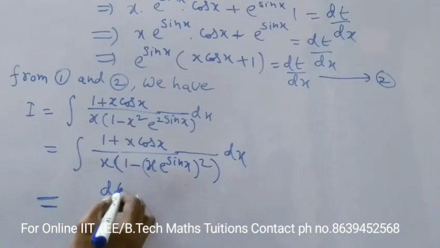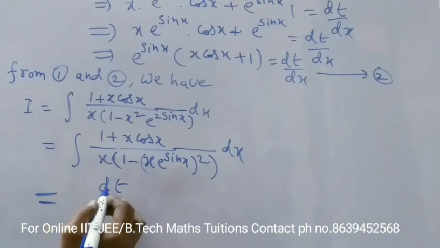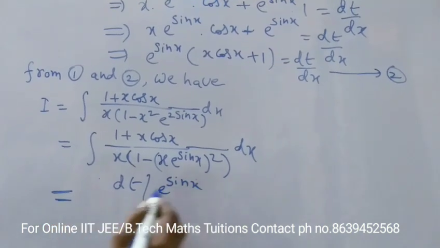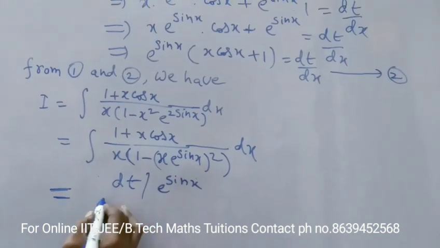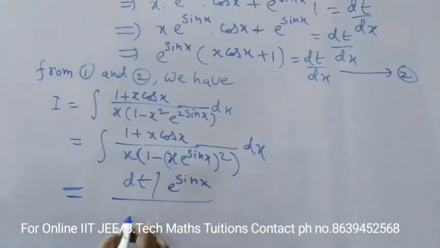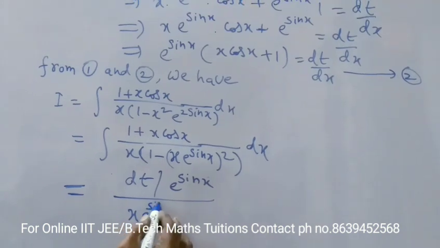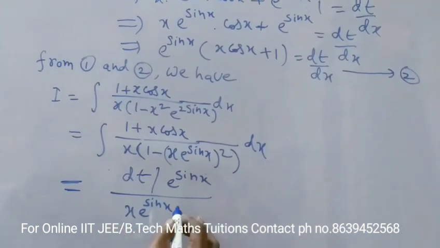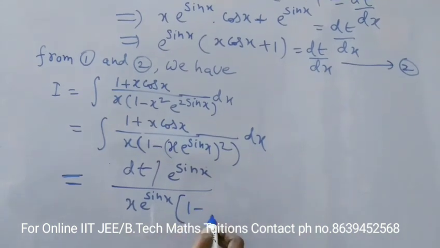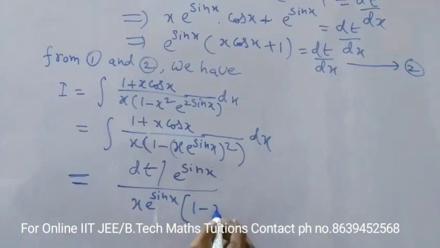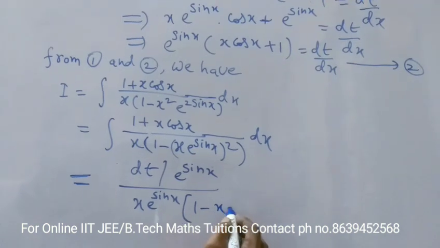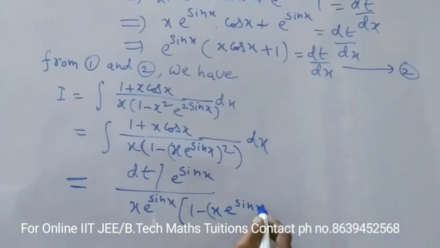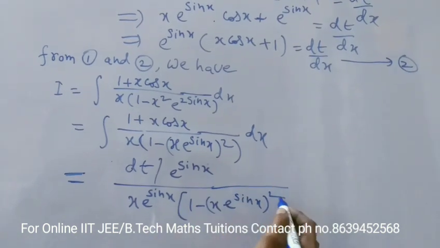So the integral becomes dt by e to the power of sin x by x into e to the power of sin x of (1 minus (x into e to the power of sin x) whole square).